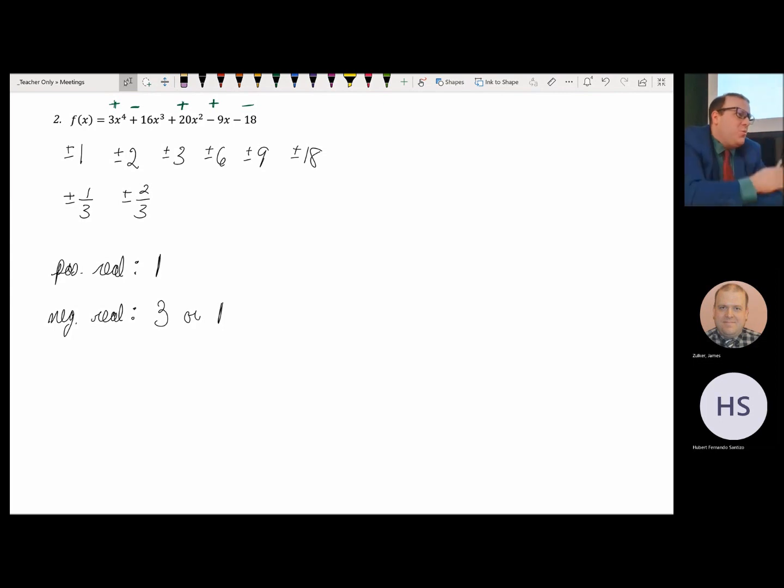If the quantity x minus 3 squared is a factor of your polynomial, then 3 is a zero of multiplicity 2, because it occurs twice in the factorization.